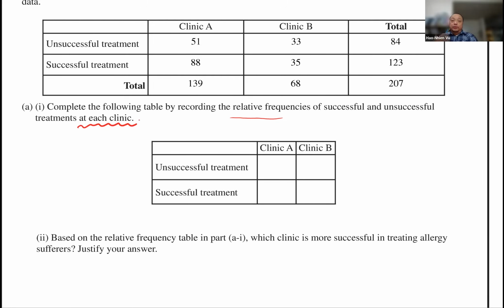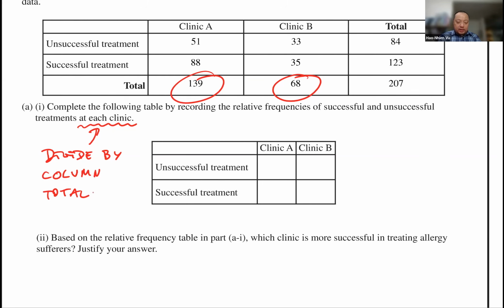That means they're looking for relative frequencies in clinic A separately from the relative frequencies in clinic B. They want all of this to add up to 100% and all of that to add up to 100% separately. So that means we're going to divide by the column total.